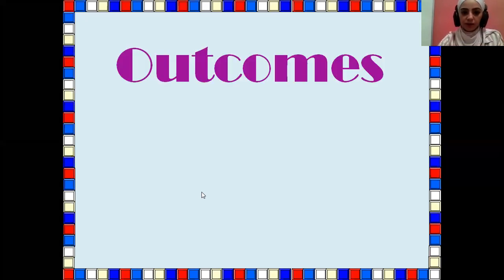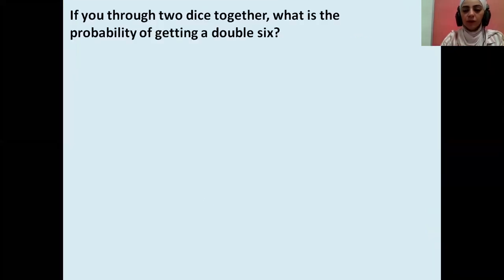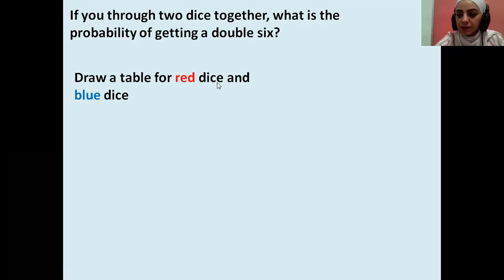So here, the main outcome, again, as I told you, is to write all the possible outcomes of two events happening at the same time. So for example here, if you throw two dice together, you know what's the dice. If you have two dice and you want to throw them together, what is the probability of getting a double six, like six in the first dice and six in the other dice?